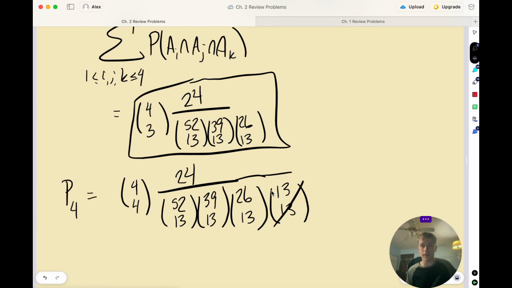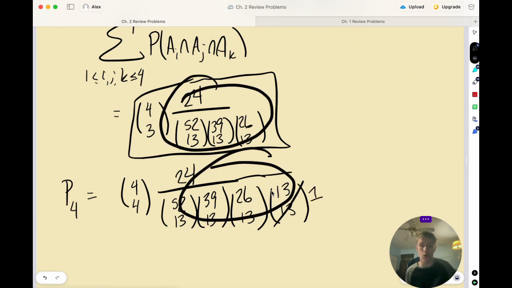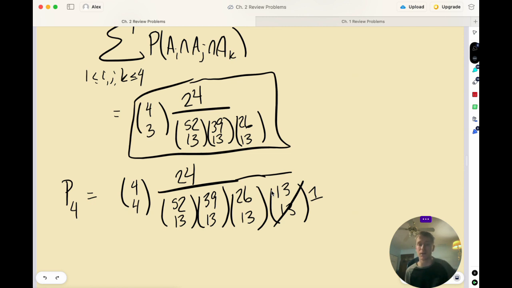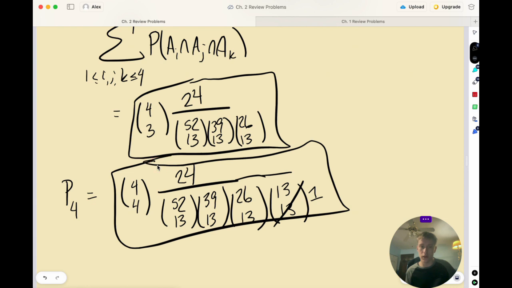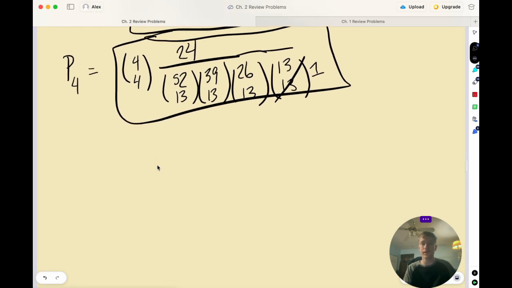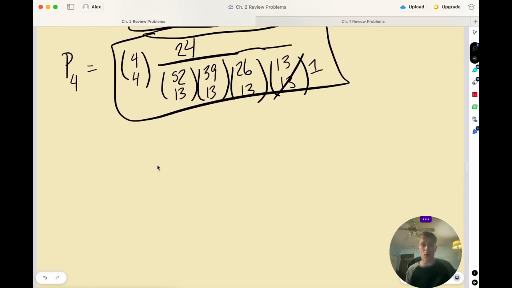So this term is basically 1, which means these have a common denominator, by the way, which is going to be important when you start simplifying this. So let's put it all together.